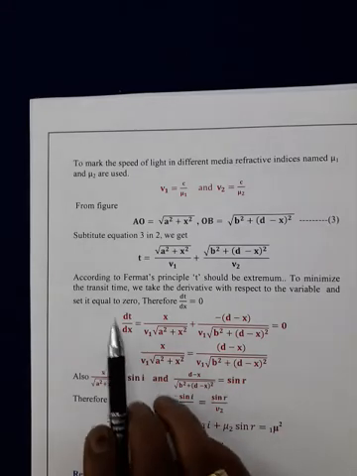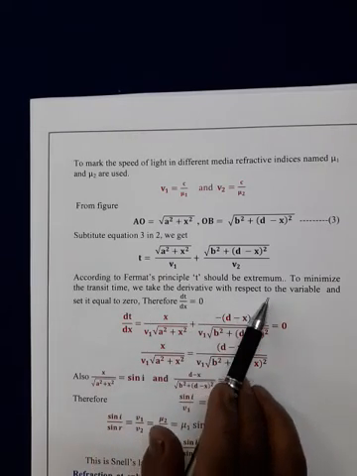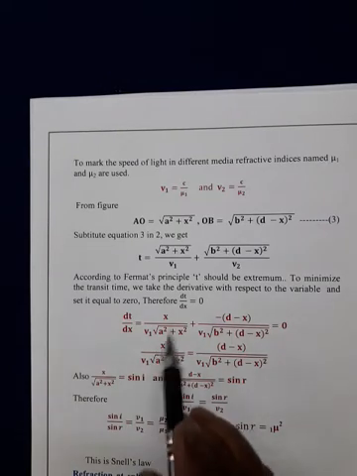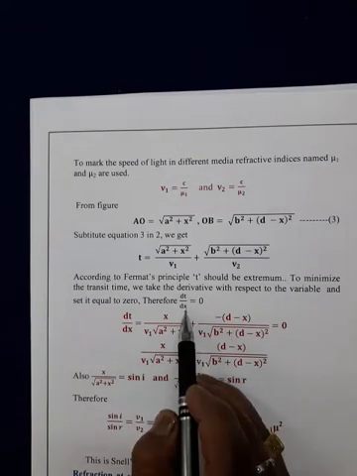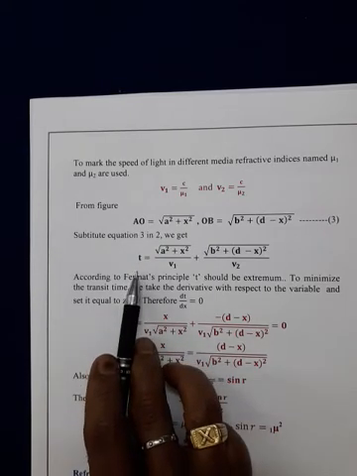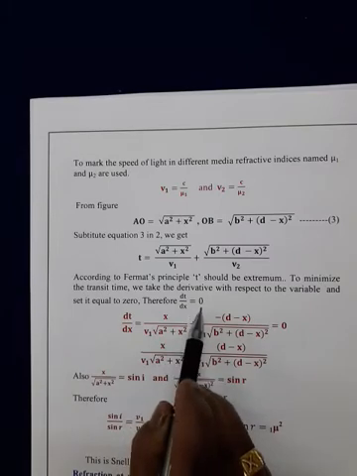To minimize the transit time, we have to take the derivative with respect to the variable and set it to 0. Therefore dt by dx, the differentiation of time with respect to x, equals 0, as the rest is a constant value.